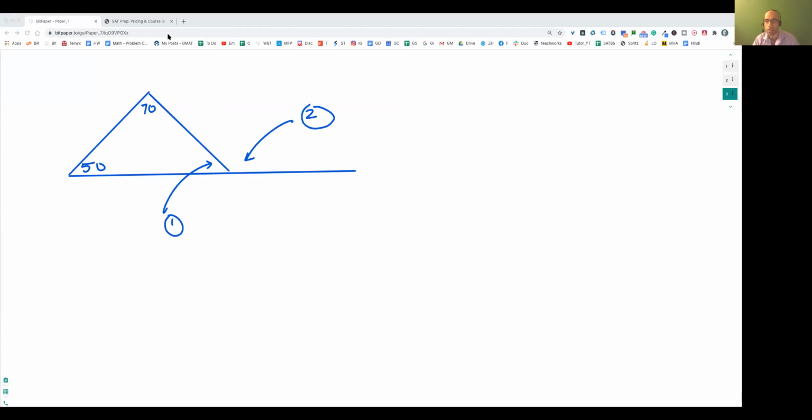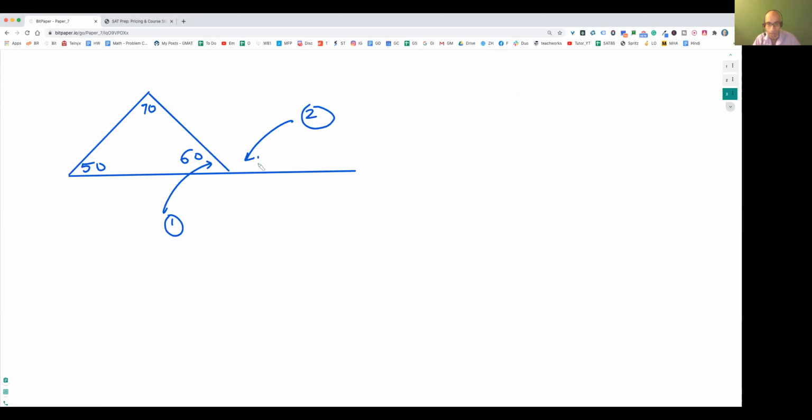Well done, guys. So now you see that this angle over here is 60. And because this is 60, this is 120. So this is 60 and this is 120. Perfect. That makes sense.